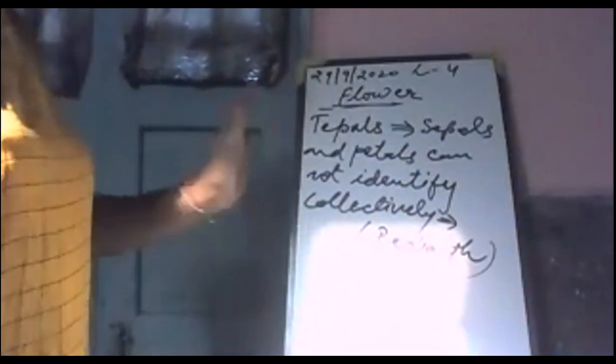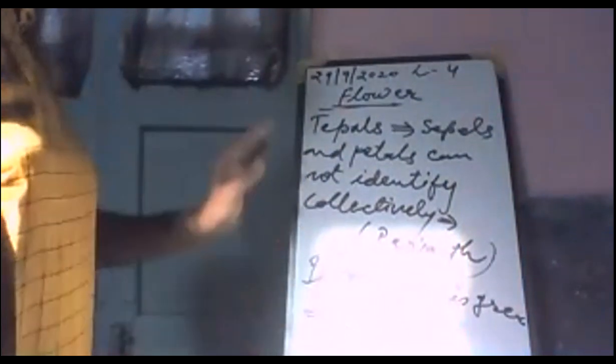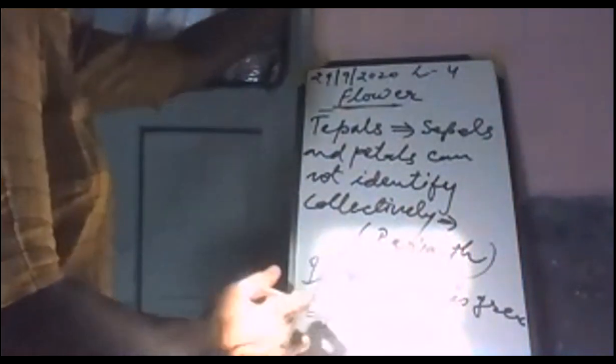But when the perianth is green in color, it is described as sepaloid. If the perianth is green, meaning the sepals are green in color, then the perianth is known as sepaloid.